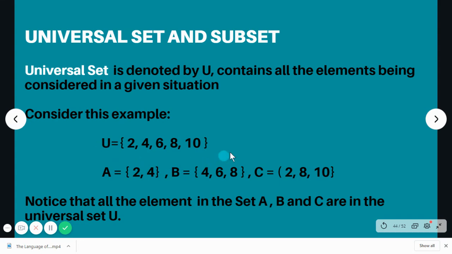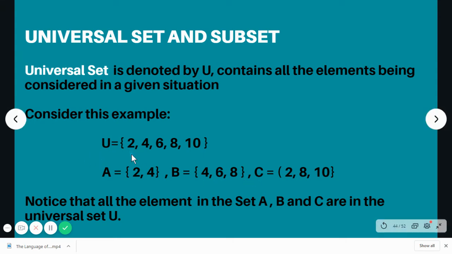Ito yung main group. Ngayon, yung main group na yon ay nahati pa sa iba't ibang grupo. At yung mga iba't ibang grupo na yon na galing sa universal set, ang tawag natin sa kanila ay subset. So, ibig sabihin, si A, si B, at si C ay subset ng ating universal set.